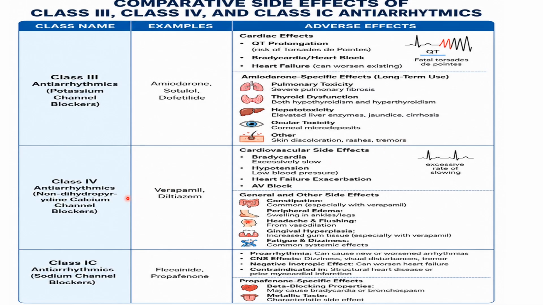And coming to our class 4 adverse effects, specifically here bradycardia, and class 4 is nothing but verapamil and diltiazem, calcium channel blockers, and here they specifically exhibit their cardiac side effects like bradycardia, hypotension, heart failure and AV block. And more specific effects you need to remember are gingival hyperplasia, fatigue, dizziness, headache, flushing and peripheral edema.